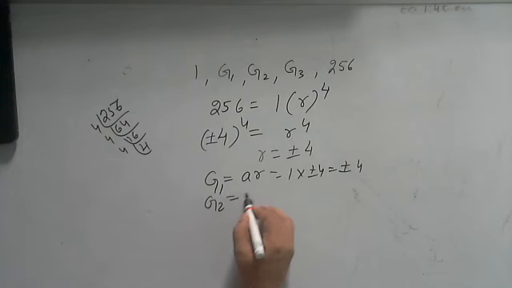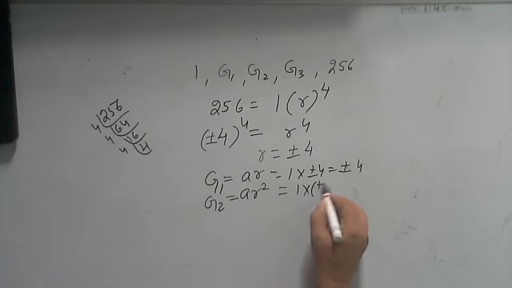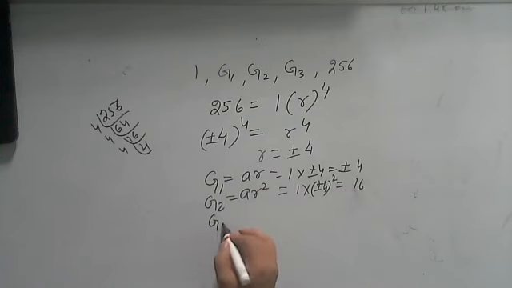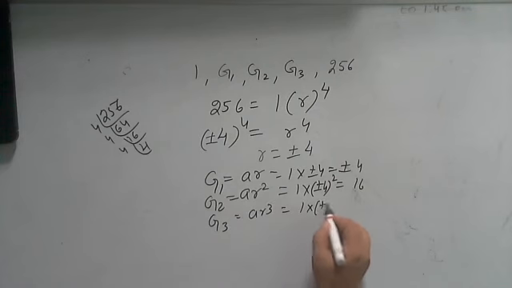G2 is AR square, that is 1 into (plus minus 4) square, that is 16. G3 will be AR cube, that is 1 into (plus minus 4) raised to the power 3, plus minus 64. So the three numbers are plus minus 4, 16, plus minus 64.